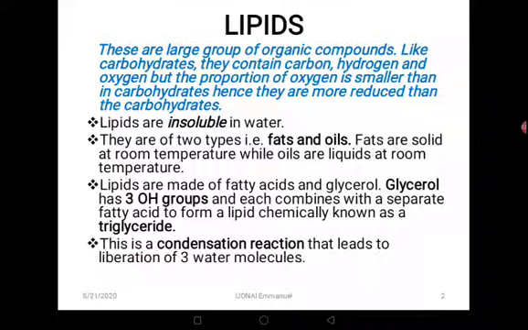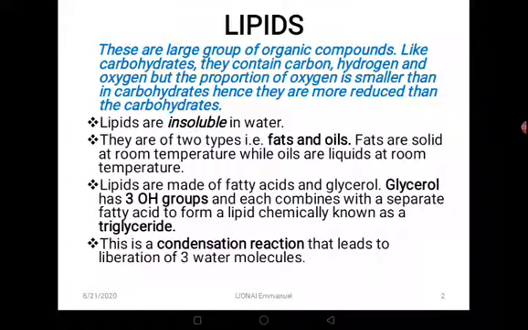So fatty acids react with glycerol to form what we call the triglyceride. That kind of reaction leads to the loss of water. So 3 water molecules are lost, and that reaction is called a condensation reaction.